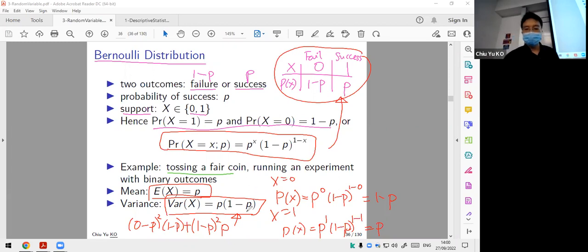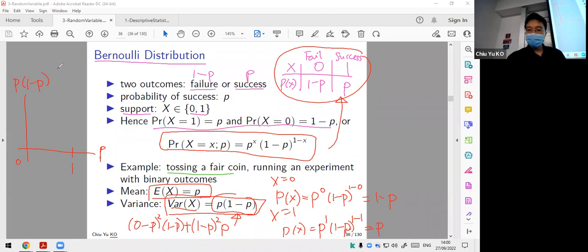But just the interpretation of this, variance of X, okay? Try to draw this diagram here. P can be only from 0 to 1, right? And I draw a diagram of P times 1 minus P, okay? So let's go back to your high school math here.